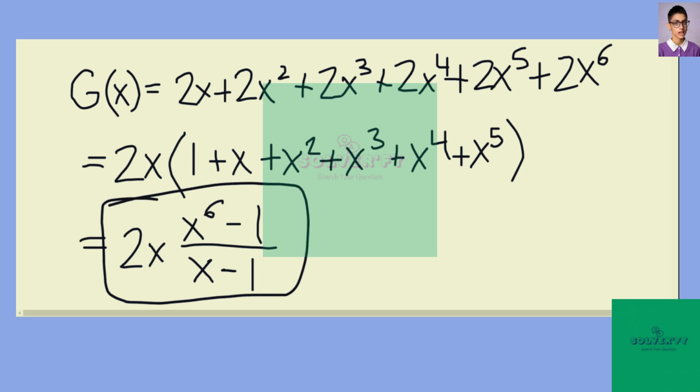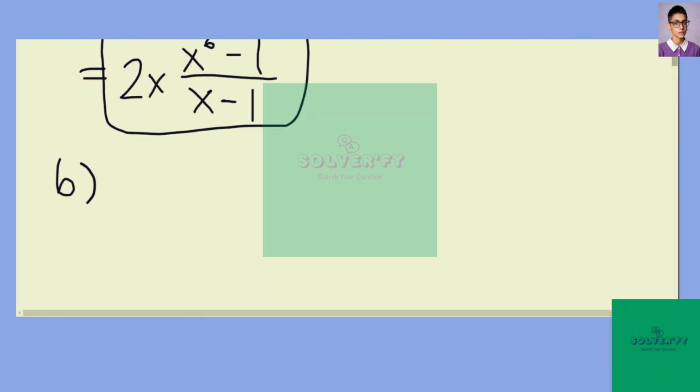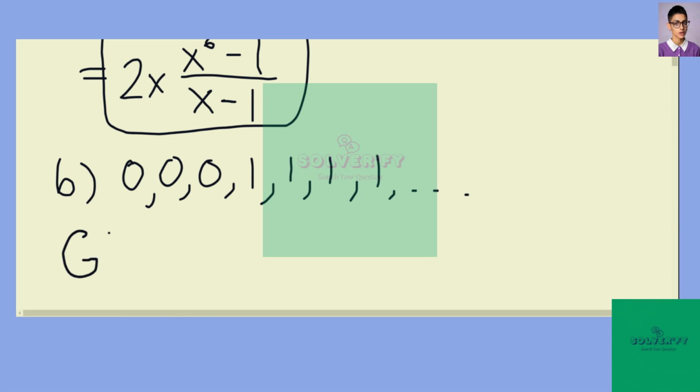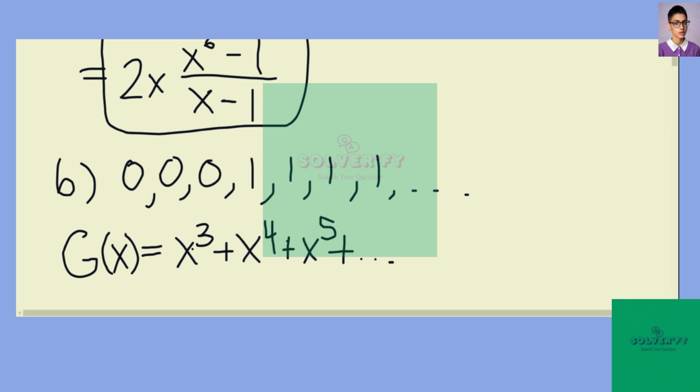In part B, the sequence we're given is 0, 0, 0, 1, 1, 1, 1, and so on. The generating function for this sequence, g of x, is x cubed plus x to the fourth plus x to the fifth, and so on.